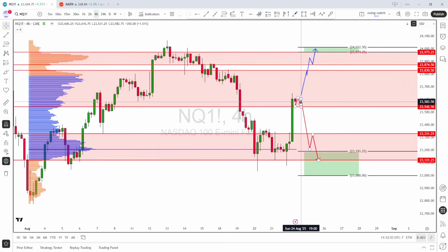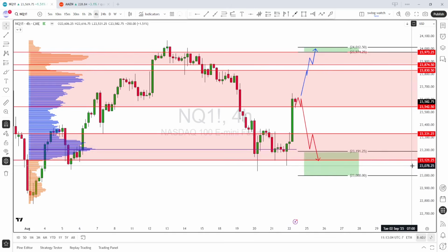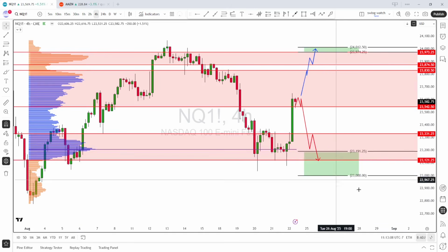If it is unable to hold this level, then we'll look for the price to come down and move into this lower distribution, start chopping around to find acceptance, and potentially test for support somewhere around 23,121, and that will put the lower range in play.